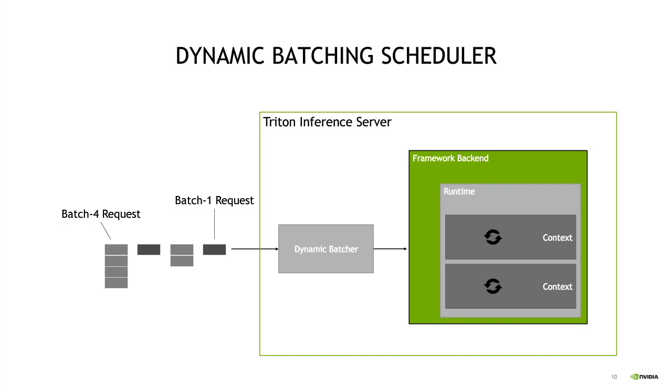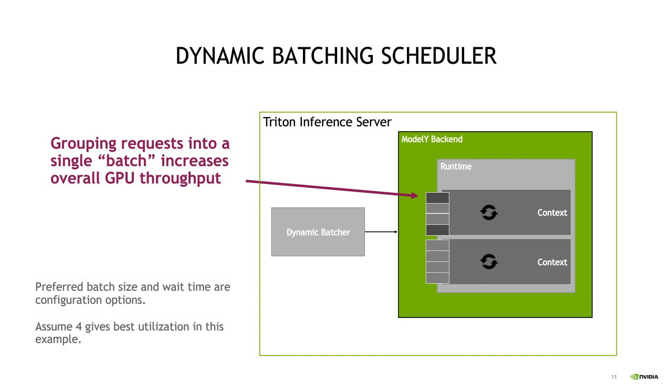So here the dynamic batching scheduler helps you group different requests into a single request. In this case, we group 4 requests into 2 requests of batch size 4. Then the execution might be more efficient than the previous batch size 1.